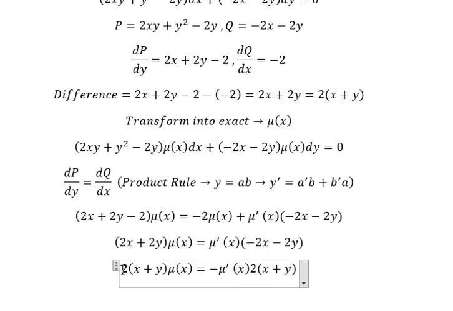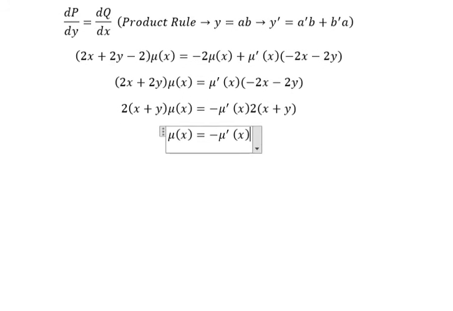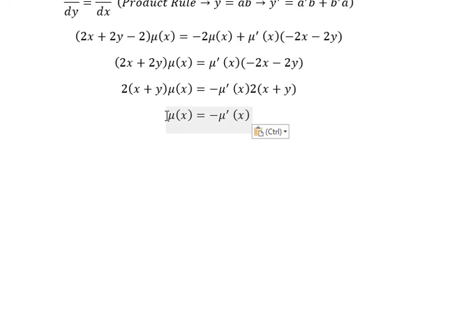So we need to divide number 2 and number 2. This one and this one, they cancel. So we just have mu s equals to negative of this one. Now we divide both sides by mu s and negative number 1.